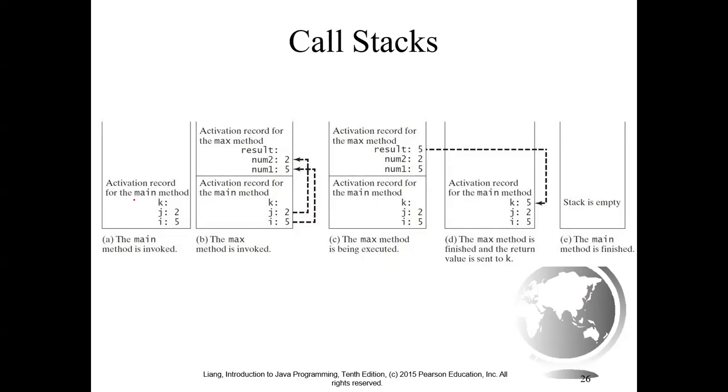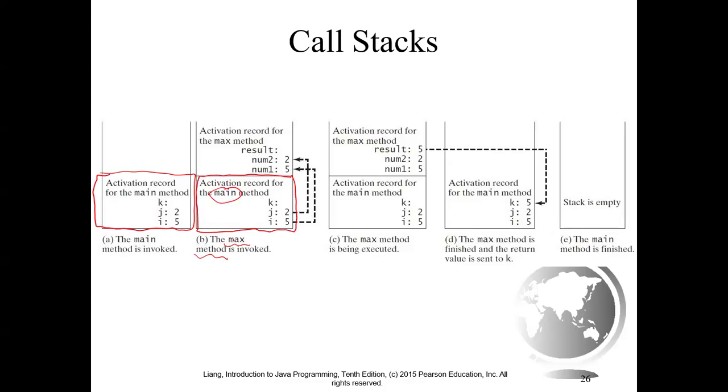That means in the main method, we have k, j, i stored in the memory. However, when the main method invokes the max method, this is the frame for the main method. As we can see, this is the main method, a frame for the main method.